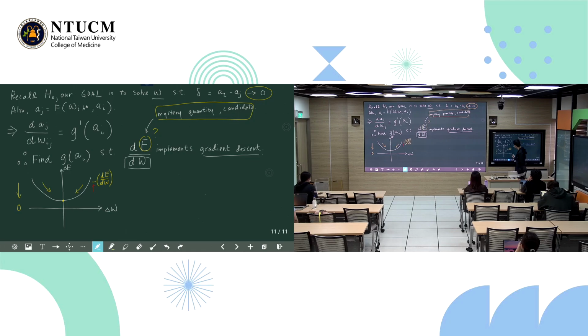Why? Because if I am in the positive range of W and I put a negative, then the change will be negative.